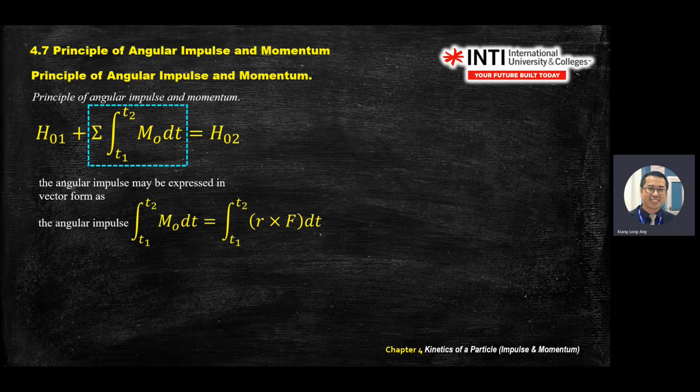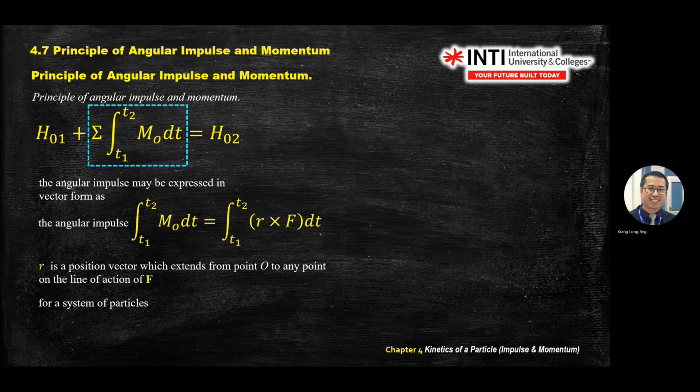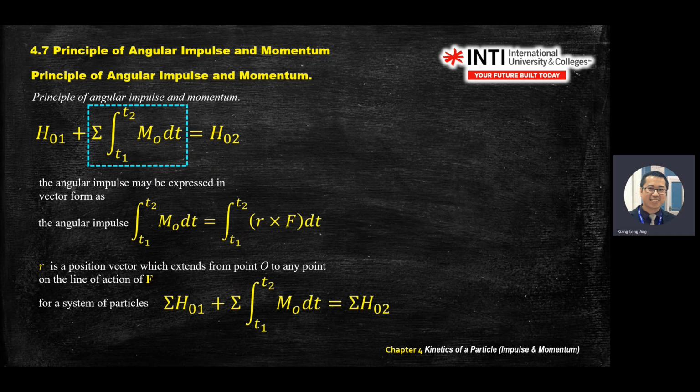So you break your moment into r cross F. Moment is force times distance. In this case, you take r cross F. The rest is just derivation. So sometimes it's not direct to find the angular momentum. You need to find r cross F. So go and polish up the vector cross product.